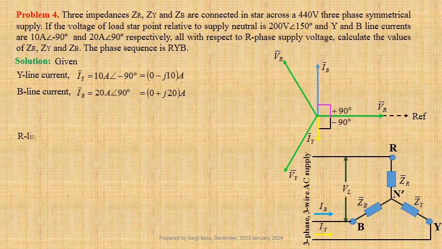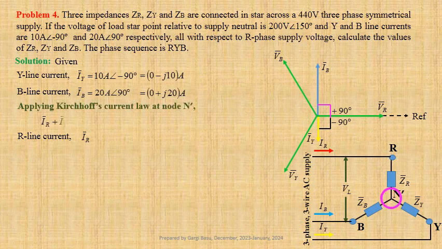Let the current flowing through the R line be IR. Applying Kirchhoff's current law to node N dash, we get IR plus IY plus IB equals 0. Therefore, IR equals minus of IY plus IB. Using values, we get 0 minus J times 10 ampere. This may be written in polar form as 10 ampere at an angle minus 90 degree.